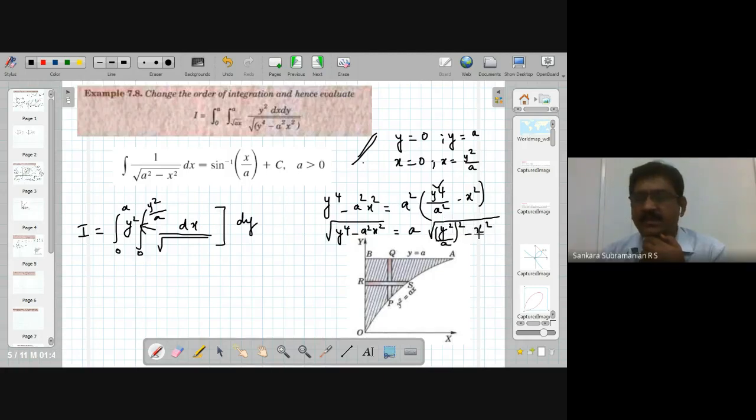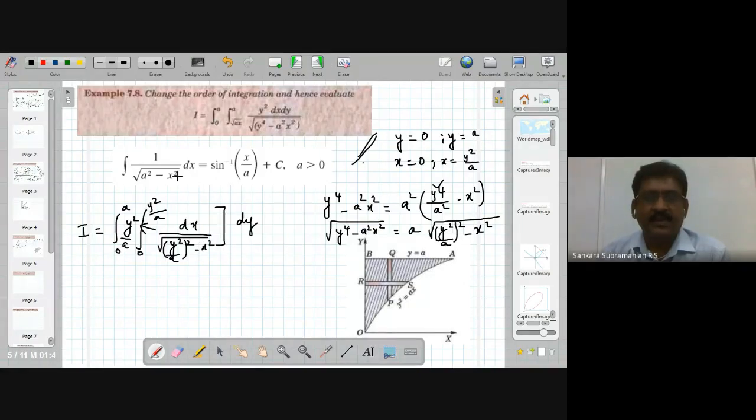Now it fits the formula. Here, y square by a is the constant. So therefore you can write like this. Take a outside, there is 1 by a. Okay, y square by a the whole square minus x square.